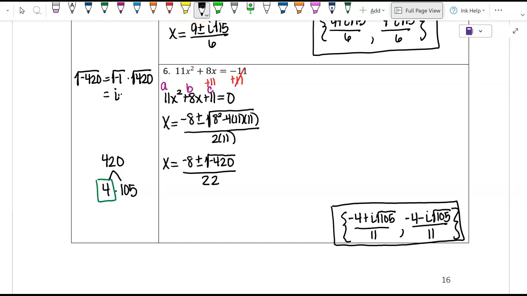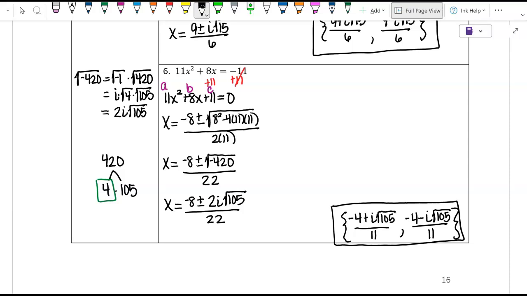So I times the square root of 4 times the square root of 105 gives us 2I radical 105. So x equals -8 plus or minus 2I radical 105 divided by 22.